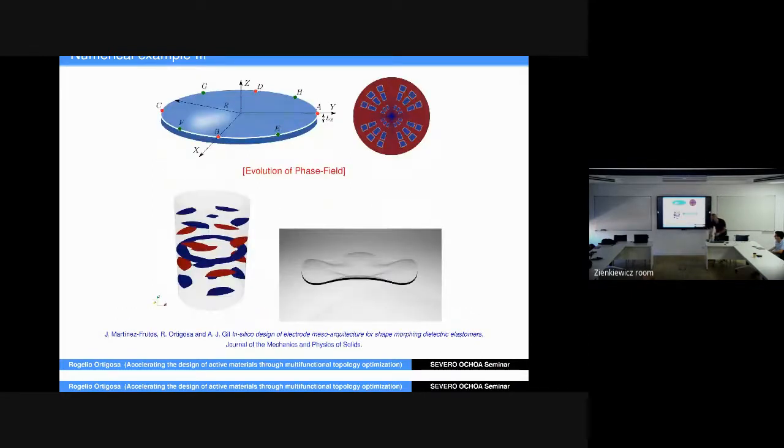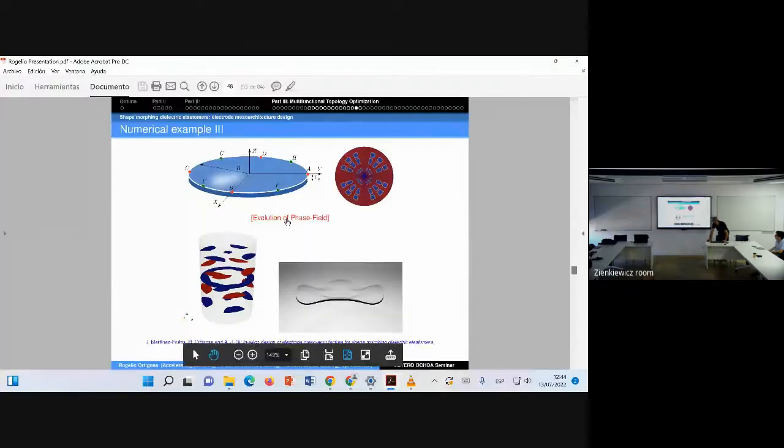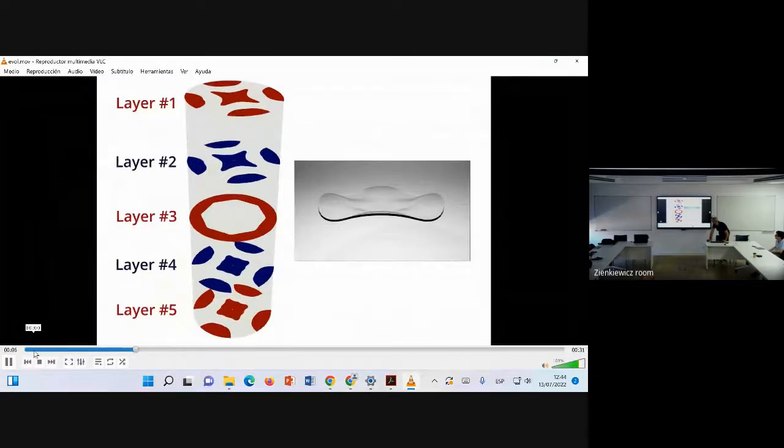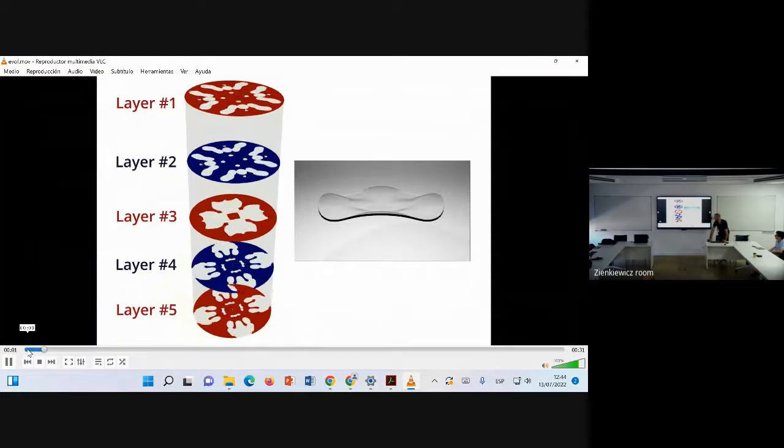In this one, you can see how the phase field... I'm not sure why it's not working, because it was working before. There you go. We are using phase field, and then you need to start with an initial guess for the electrodes.